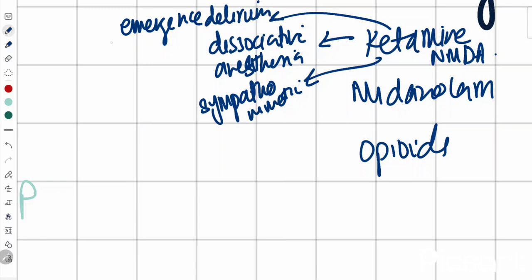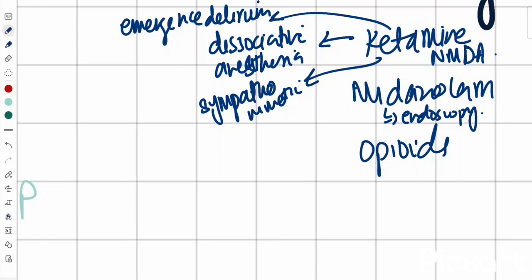In emergence delirium, whenever the patient wakes up from the anesthesia, they are either aggressive, disoriented, or hallucinating. And then we have midazolam, that is a benzodiazepine. Again, it is mostly procedural sedation, like in endoscopy, you would give midazolam. And the side effects are the same as for benzodiazepines. And that is enough for general anesthetics.